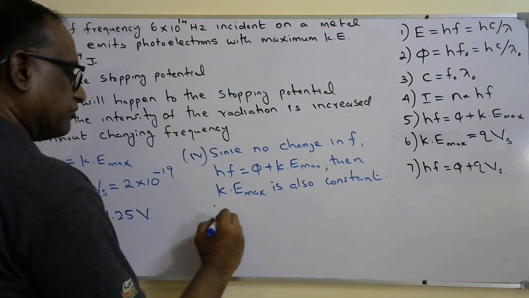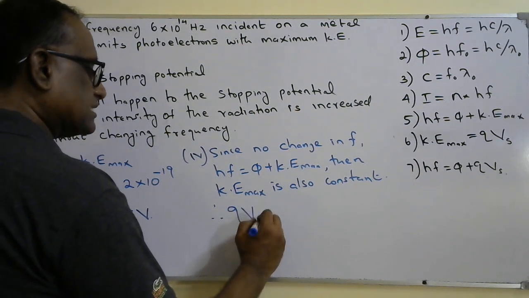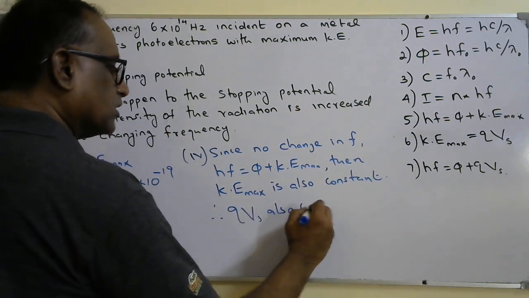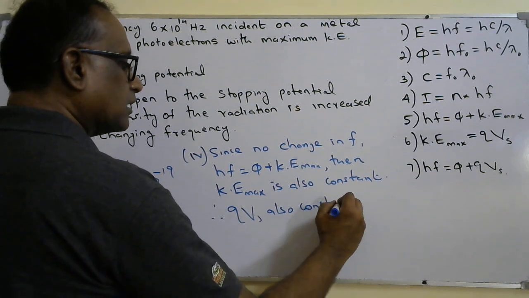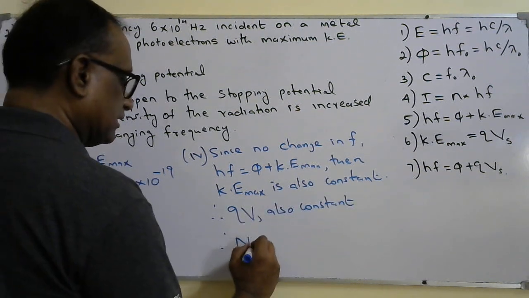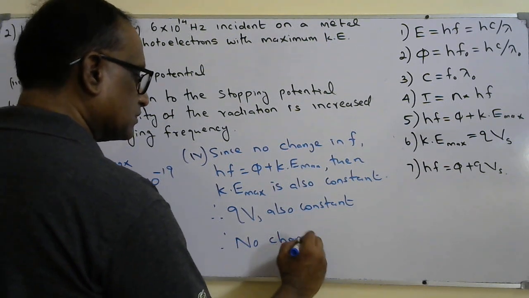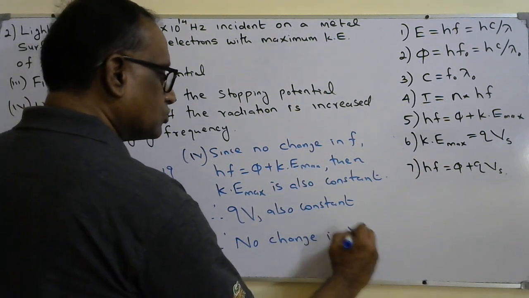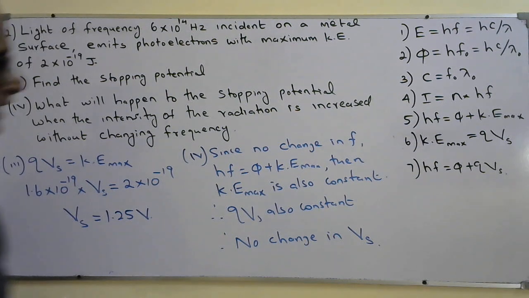Then you should say therefore QVs also constant, because KE max equals QVs, no change in Vs. Stopping potential will be the same even when you increase the intensity by keeping the frequency constant.